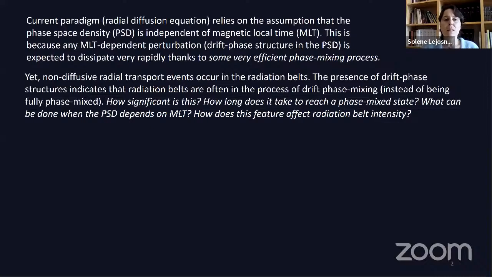And also, what can be done when the phase space density depends on magnetic local time? The long-term, overall scientific question there is, how do this magnetic local time dependence and these non-diffusive radial transport events affect the overall radiation belt intensity? And right now in our models, this is not taken into account.